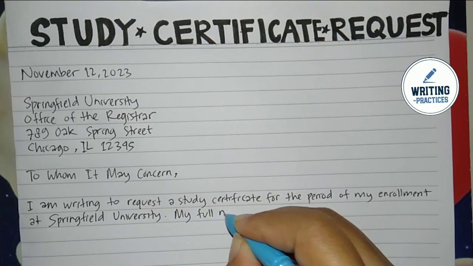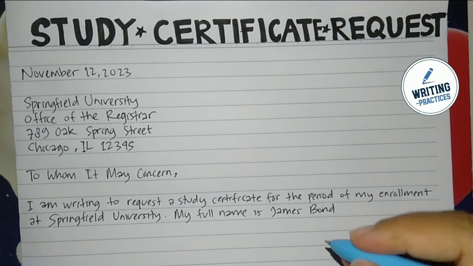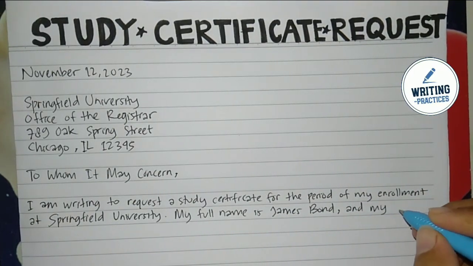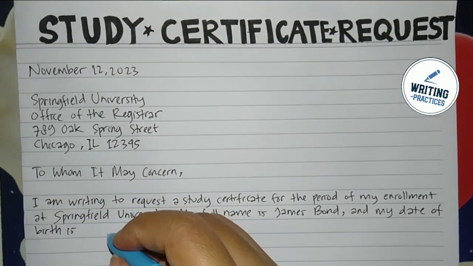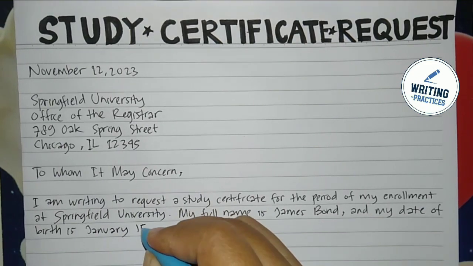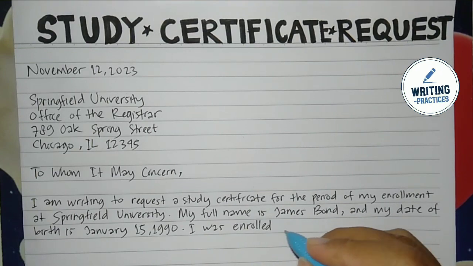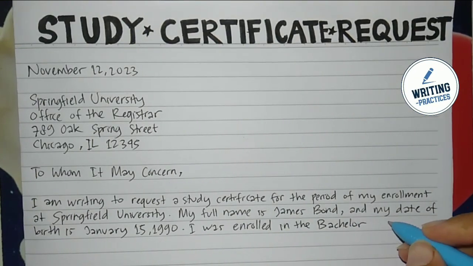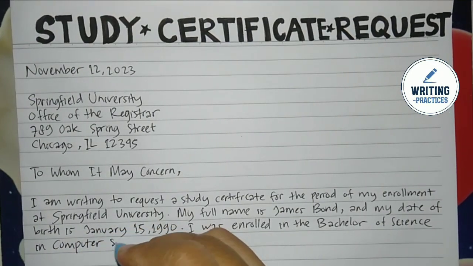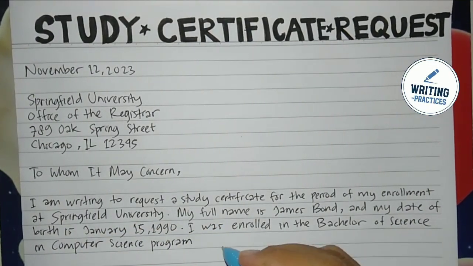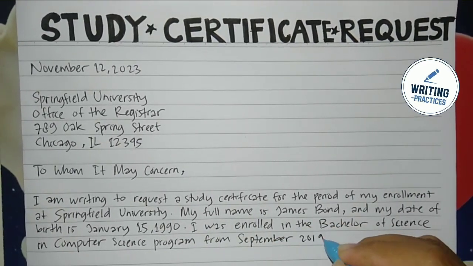For example, "I am writing to request a study certificate for the period of my enrollment at Springfield University. My full name is John Smith, and my date of birth is January 15, 1990. I was enrolled in the Bachelor of Science in Computer Science program from September 2019 to May 2023." From this first paragraph, the recipient will get the idea why you are writing this letter.